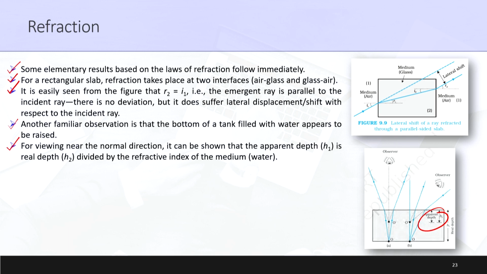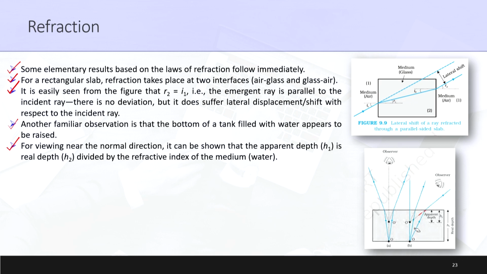Just explaining it again. If the observer is viewing directly, the direction of propagation happens in this sequence, and you can observe the image at this portion here. When you view it from some angle, that is, a lateral direction, there is an image formed at the apparent depth.